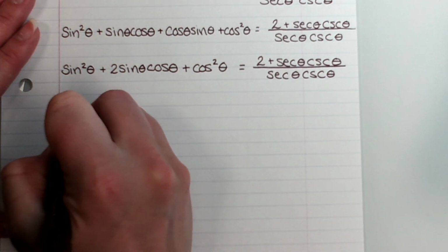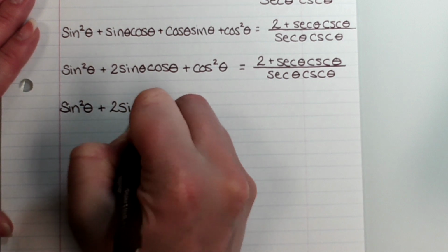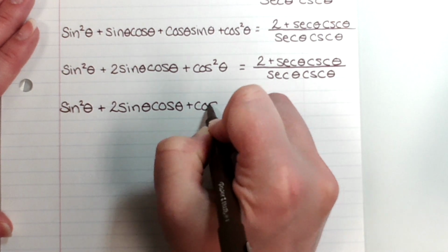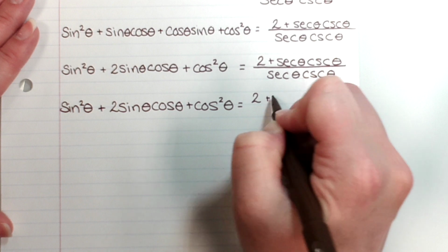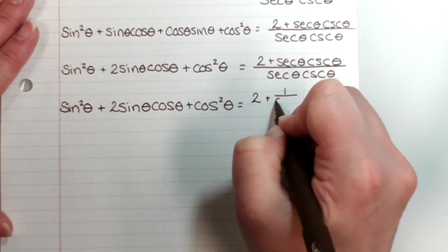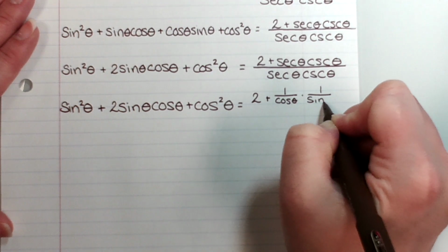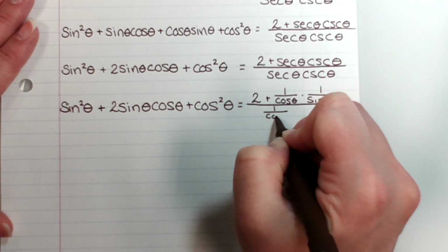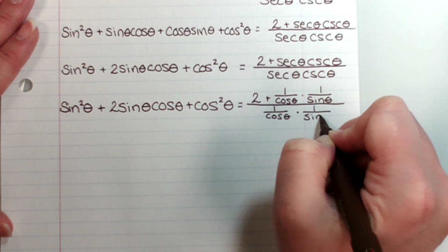Now remind me to go back and teach y'all a trick over here, by the way, at the end of this problem. Okay, that becomes 2. Secant is 1 over cosine. Cosecant is 1 over sine.